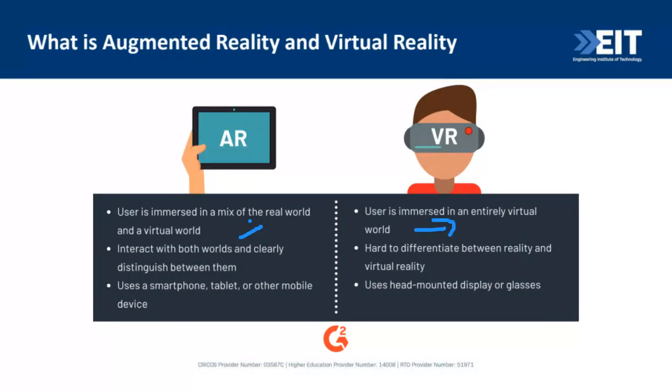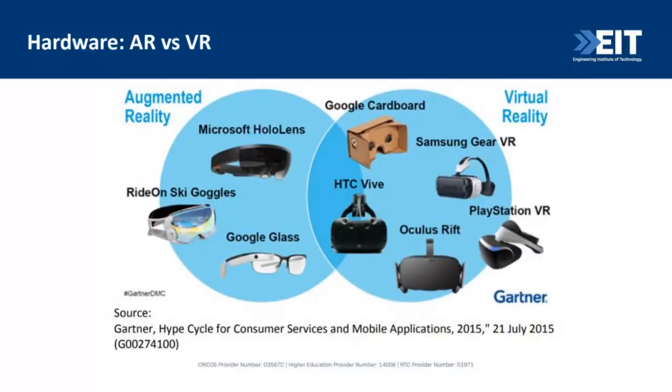But with augmented reality, it's a mix of real and virtual world, because it's a real world and on top of it, let's say this is the device, they're adding a digital overlay, whereas with VR you are completely being sent into a virtual environment. So that's basically the idea. And just some examples of different devices.